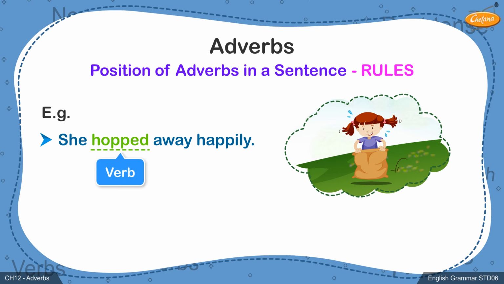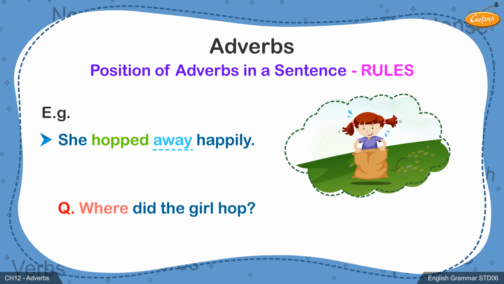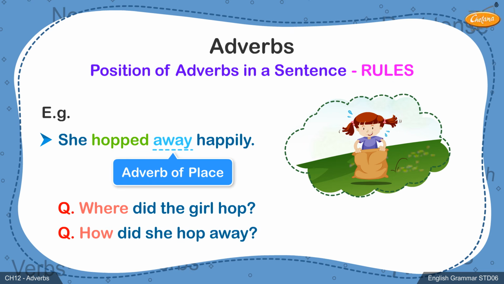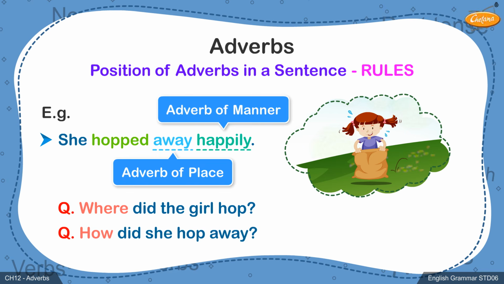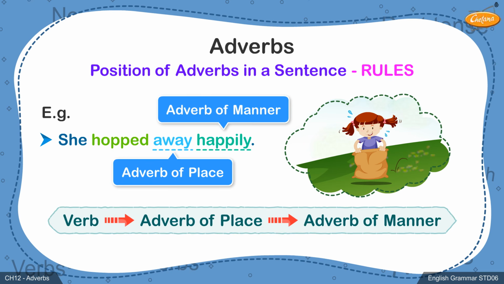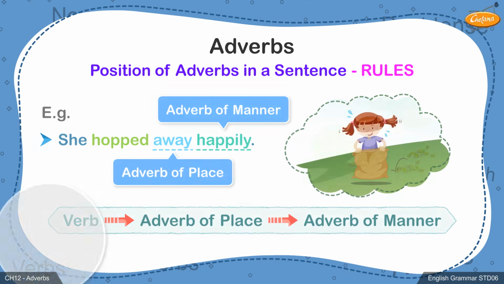Hopped is the verb in this sentence. Where did the girl hop? Away becomes the adverb of place, and this adverb is followed by, how did she hop away? Happily, which becomes the adverb of manner. So, you will notice that the adverb of place is put immediately after the verb.